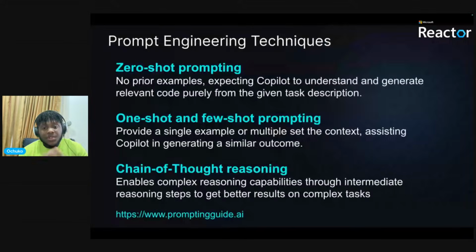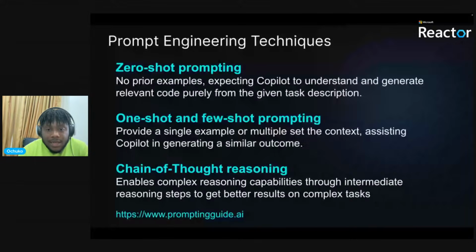For one-shot or few-shot prompting, you give it one or more examples of what the desired result, or an improved result, should look like. Chain-of-thought reasoning is where you explain to Copilot the phases you want the code to go through, or the steps to achieve your desired results.